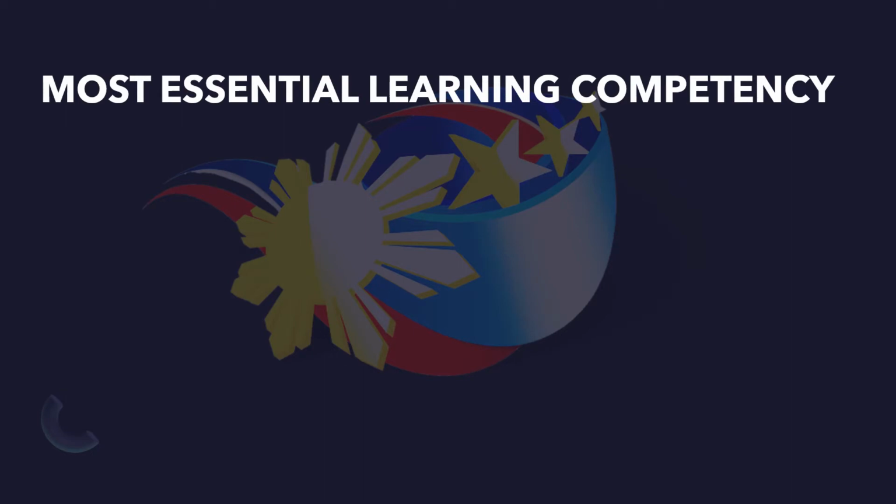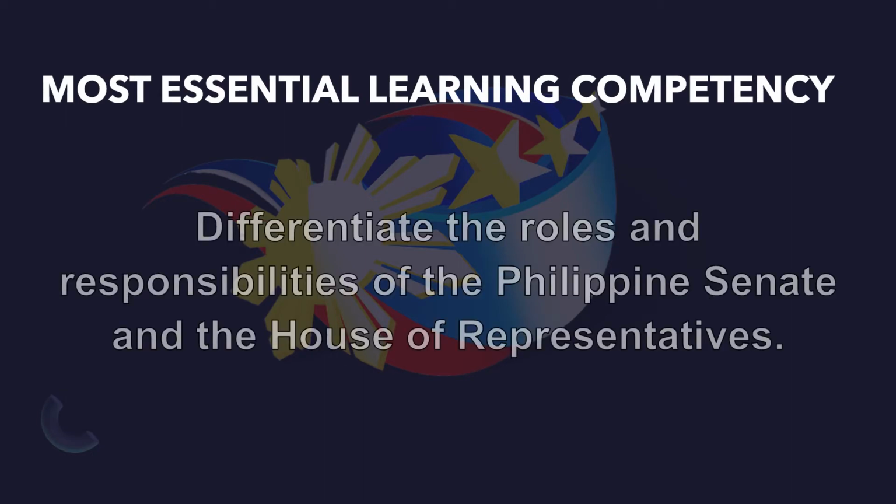Lastly, for the most essential learning competency, the learners should differentiate the rules and responsibilities of the Philippine Senate and the House of Representatives. Now that you are already familiar with the content standard, performance standard, and most essential learning competency, let us now proceed to our discussion.